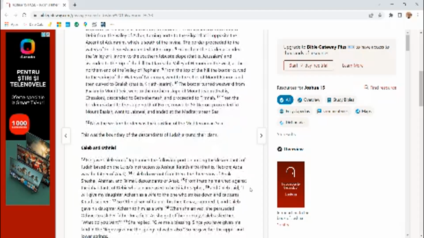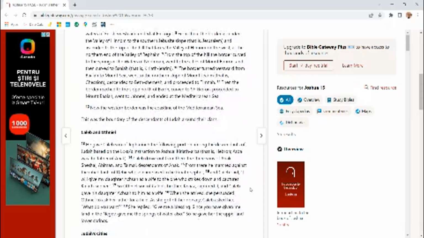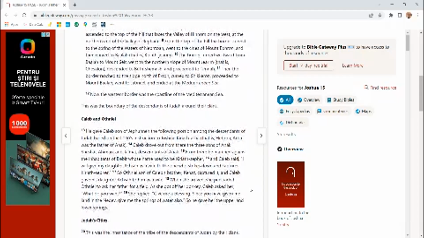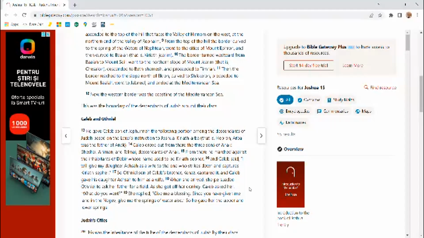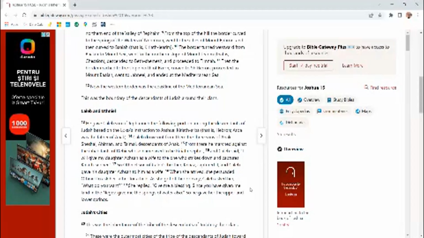Then the border ascended the valley of Hinnom to the southern Jebusite slope, that is Jerusalem, and ascended to the top of the hill that faces the valley of Hinnom to the west, and the northern end of the valley of Rephaim. From the top of the hill, the border curved to the spring of the waters of Nephtoah, went to the cities of Mount Ephron, and then curved to Baalah, that is Kiriath Jearim.